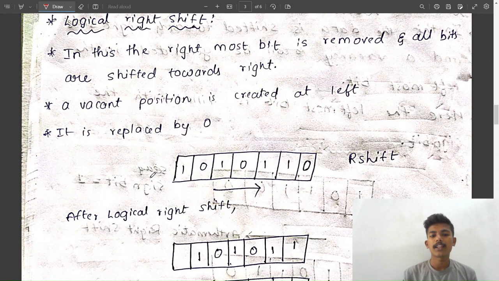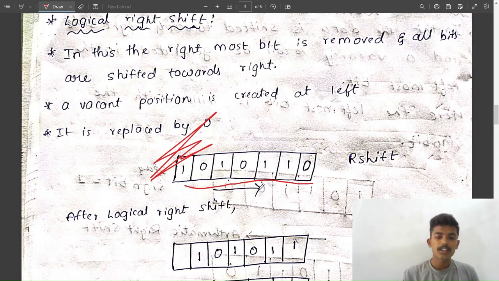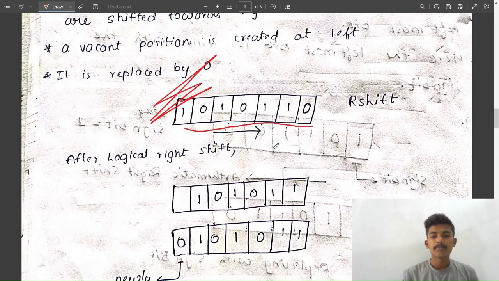I have taken the data here. Let us consider this data as 1010110. Now we are performing right shift on that data. By performing right shift, the last 0 will be eliminated and all the bits are shifted towards the right.